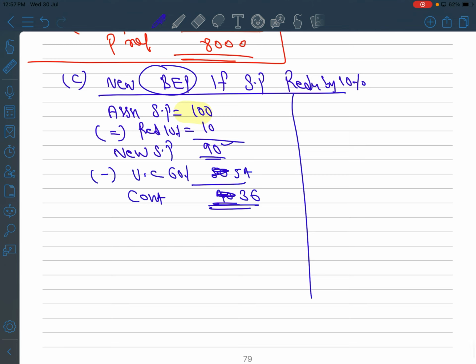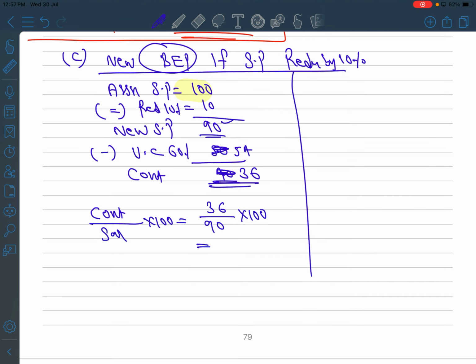New break-even point. What is the contribution divided by sales into 100? Contribution is equal to 36 divided by sales is equal to 90 into 100. What will be the percentage? 40.